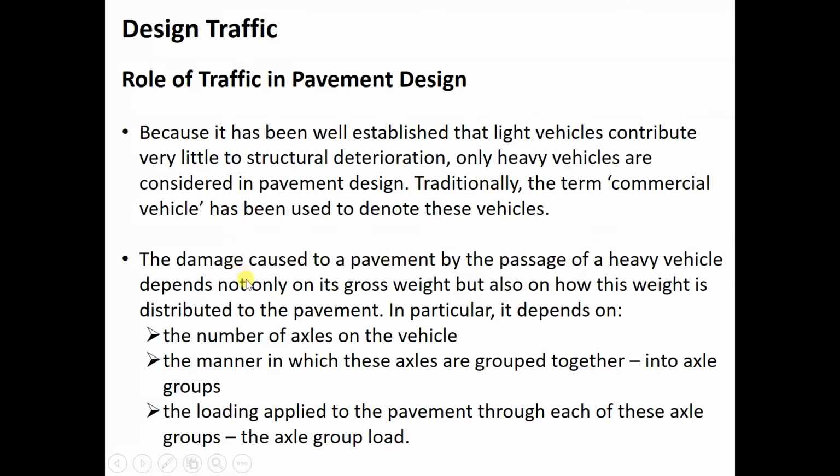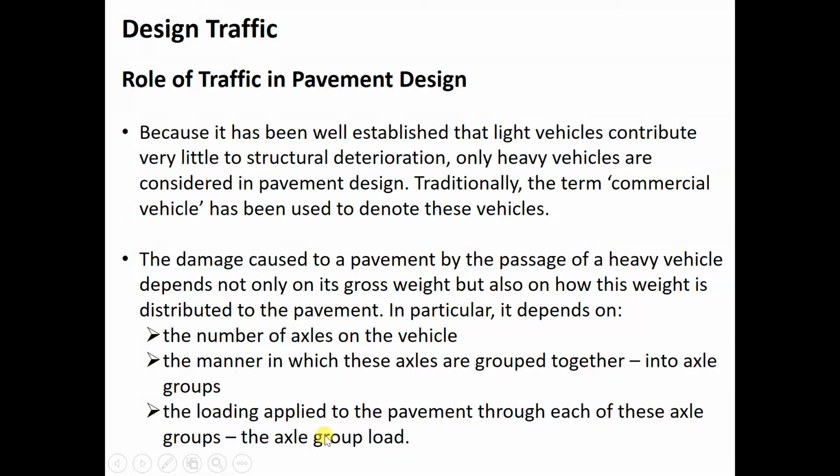Okay, the damage caused to the pavement by the passing of a heavy vehicle depends not only on its gross weight, but also on how its weight is distributed to the pavement. In particular, it depends on the number of axles on the vehicle, the manner in which these axles are grouped together into axle groups, and the loading applied to the pavement through each of these axle groups, the axle group load.